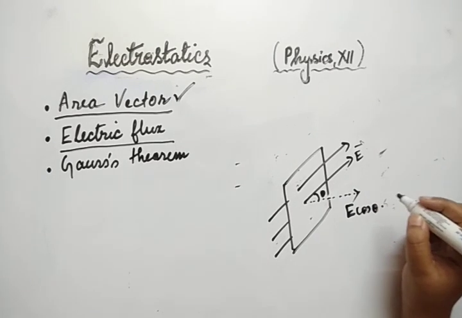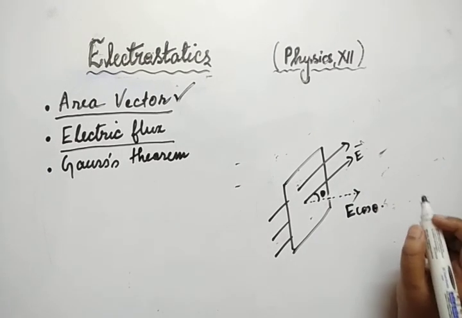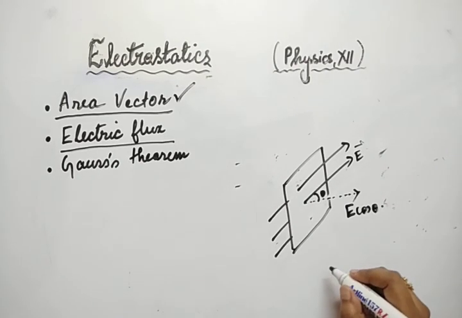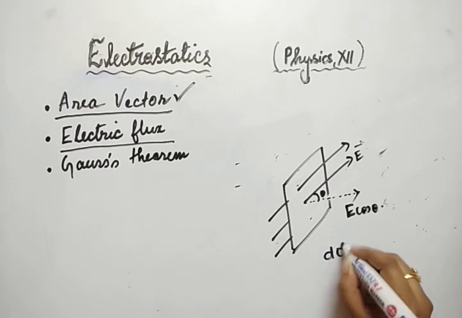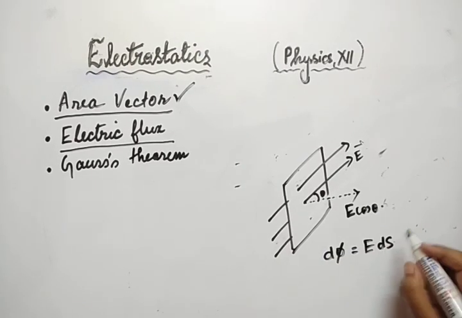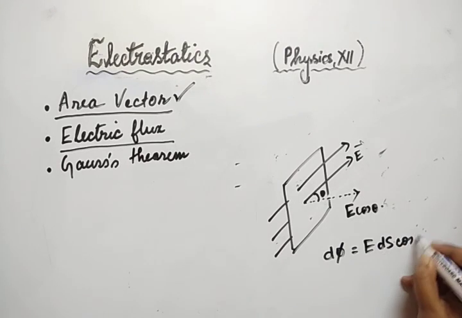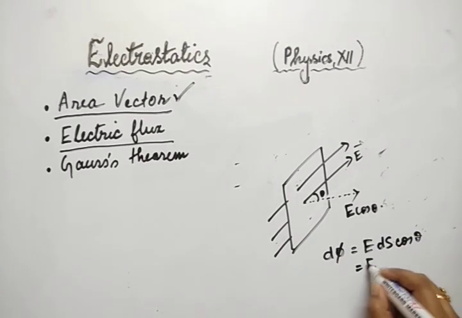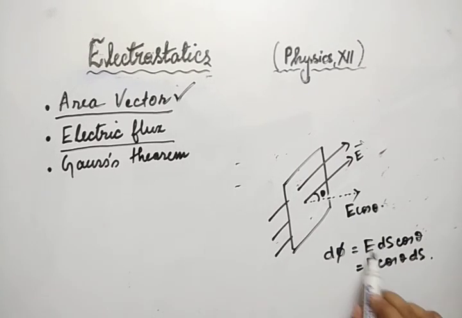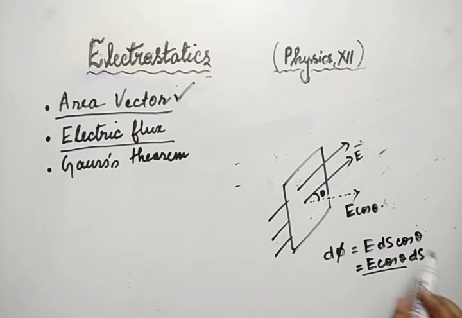So we can understand why we write d phi equals E ds cos theta, or E cos theta dot ds, that is the product of the normal component of the electric field and the area.